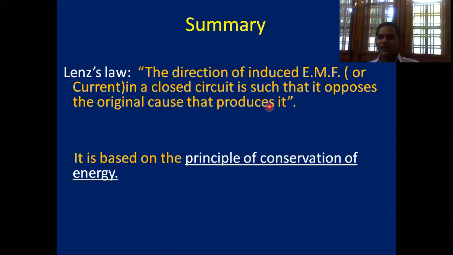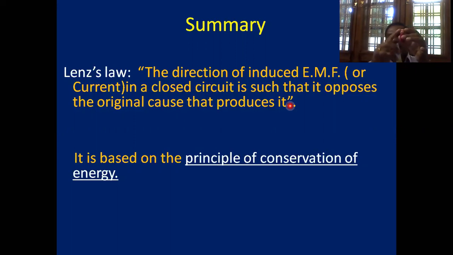Similarly, when the bar magnet is moving away from the closed loop, an attraction force exists. You can understand that, say for example, this is a closed loop and this is a bar magnet north pole. Here the north pole of the bar magnet is moving towards the closed loop.